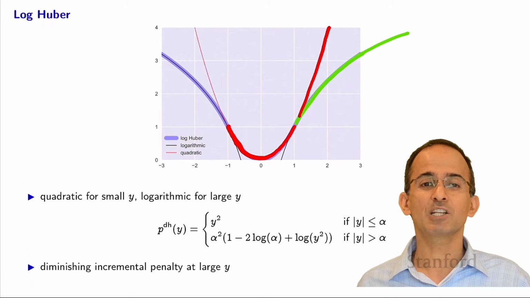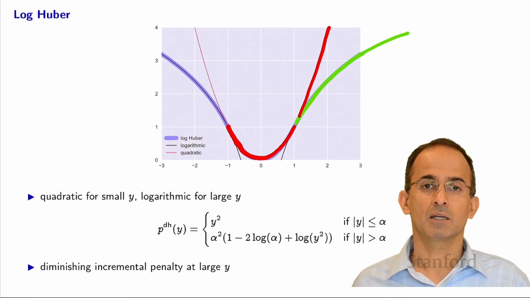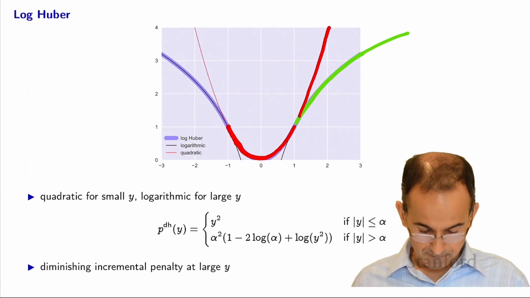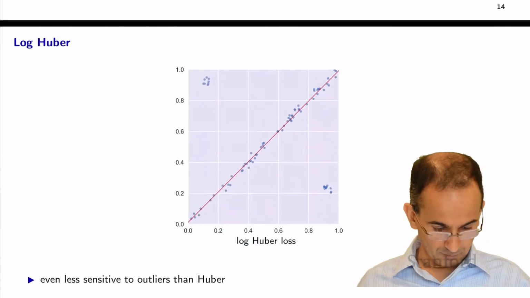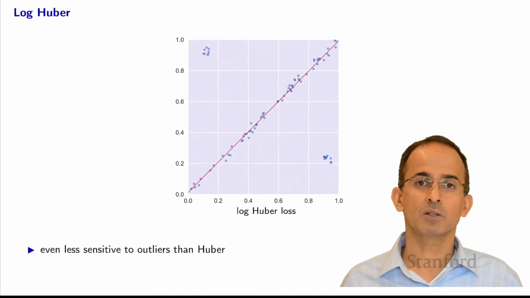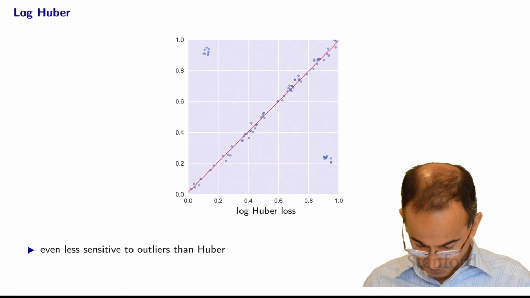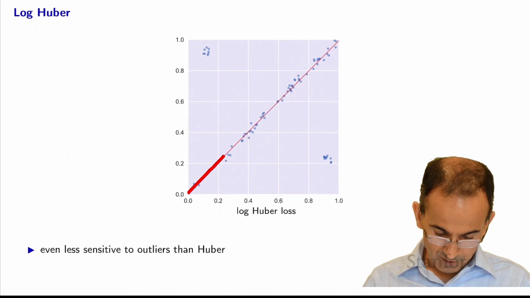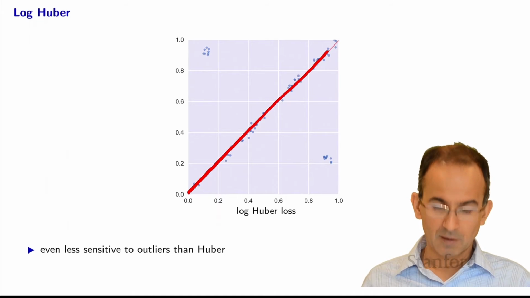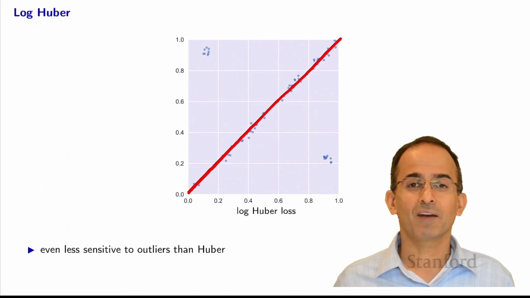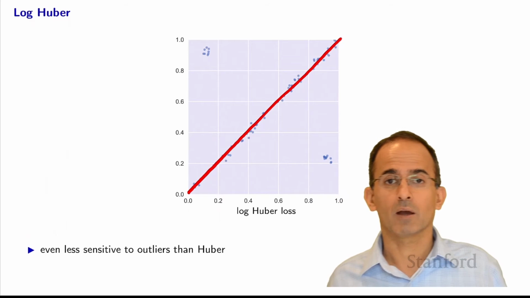We have a diminishing penalty at large residuals, or at large y effectively. And so if we apply the log Huber loss function to our same data fitting problem, we have here a fit which really passes straight through the middle of the true data points and effectively ignores the outliers.